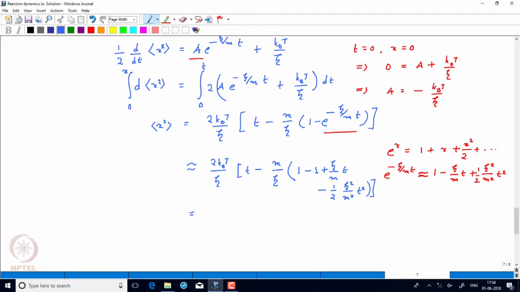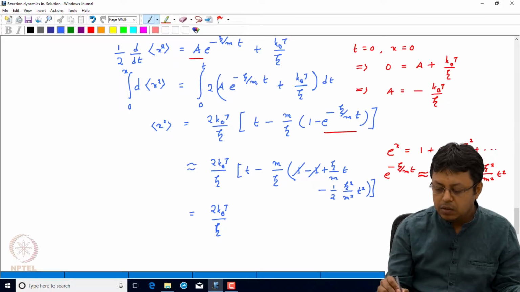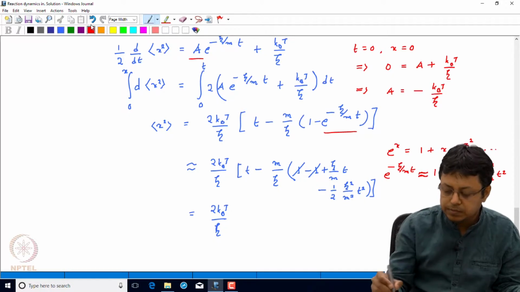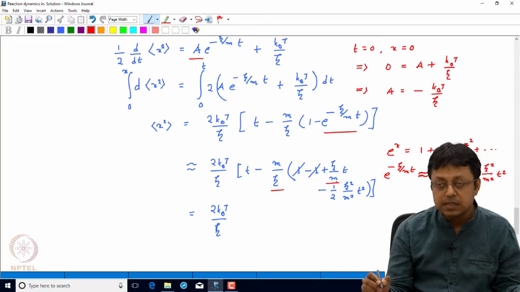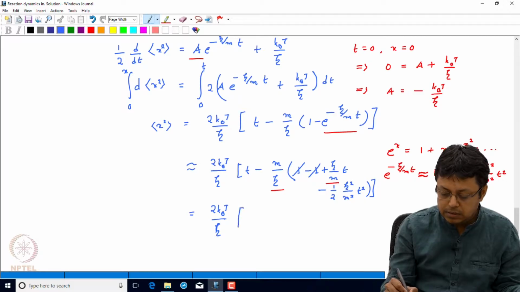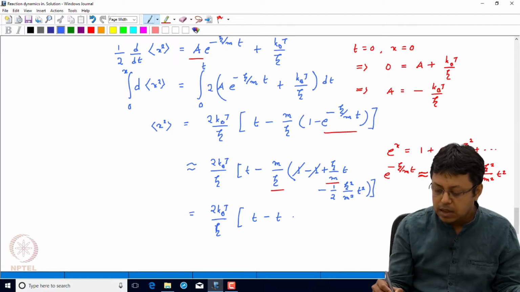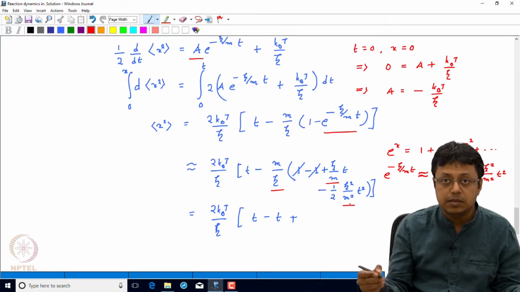So we can again arrange it as twice kBT by zeta, and this 1 gets cancelled. Now I am multiplying by m by zeta, so this cancels with this zeta by m. So the first term is t minus t, so that t also gets cancelled, and then we will have a plus sign here, and the m by zeta gets cancelled with one zeta by m, it's zeta by m squared.